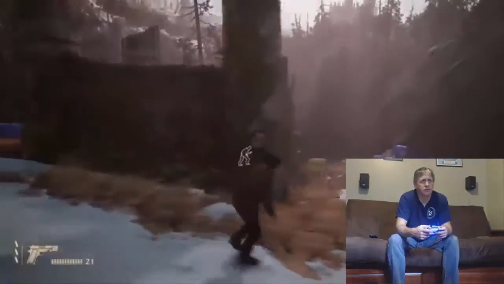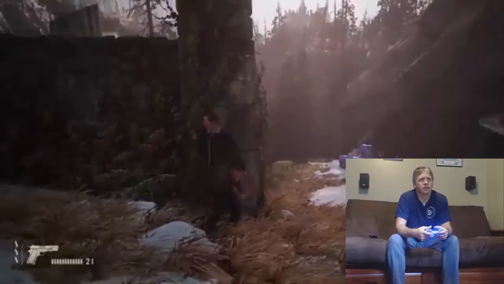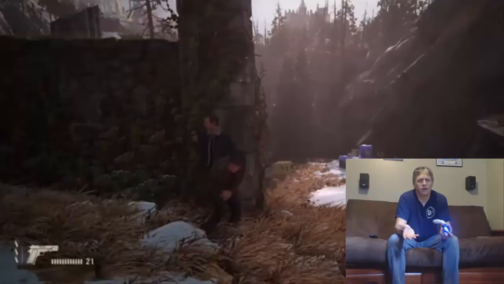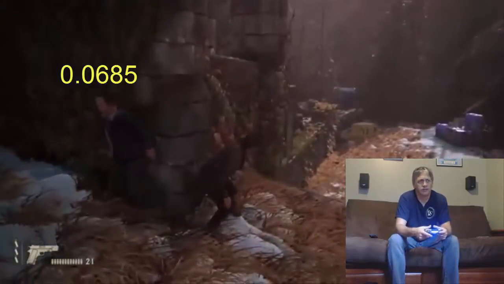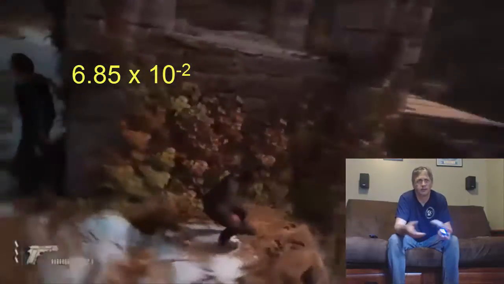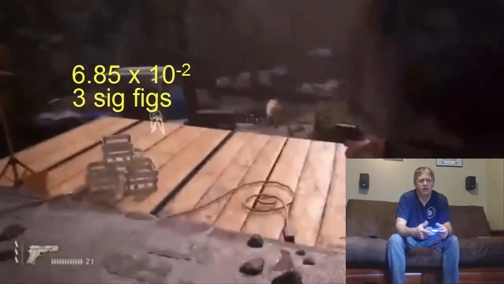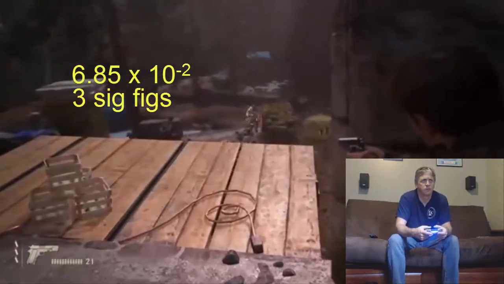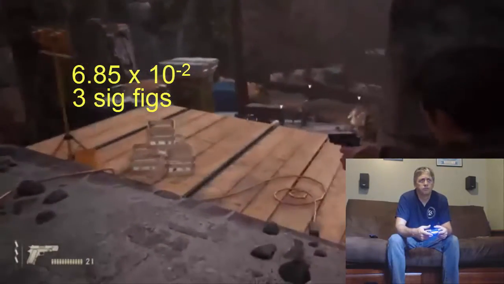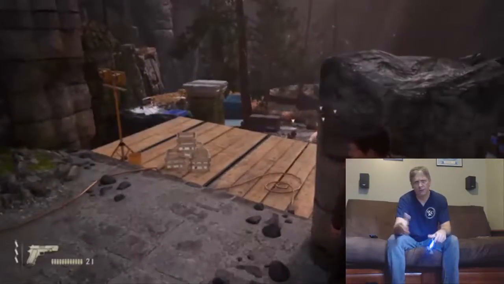That makes the most sense to me. Those zeros are never significant. The reason is pretty simple. If you convert to scientific notation, they go away. So if you have 0.0685, you convert that to scientific notation, it becomes 6.85 times 10 to the negative 2. You don't write the zeros because they're not important. They're just placeholders, so they're not significant. They're just trying to get that first non-zero into the proper decimal place.